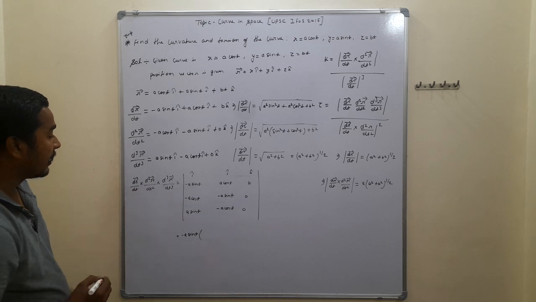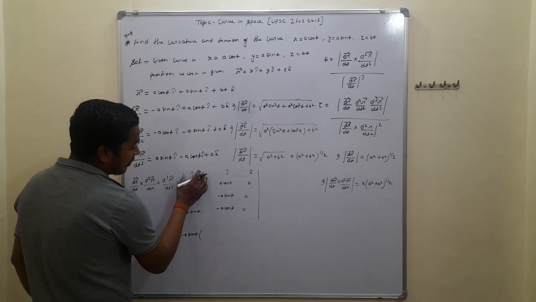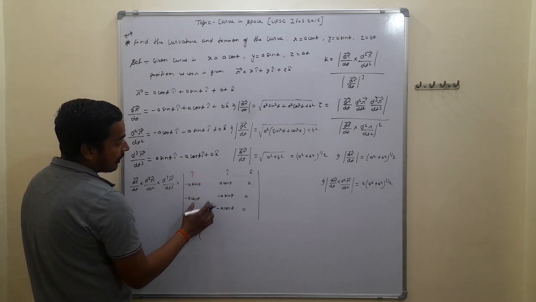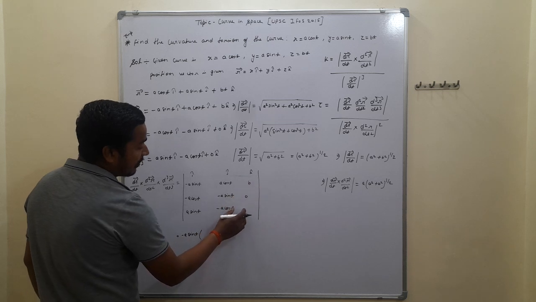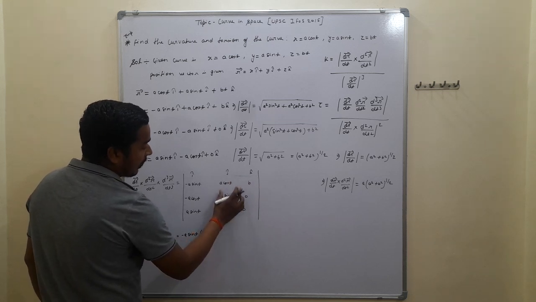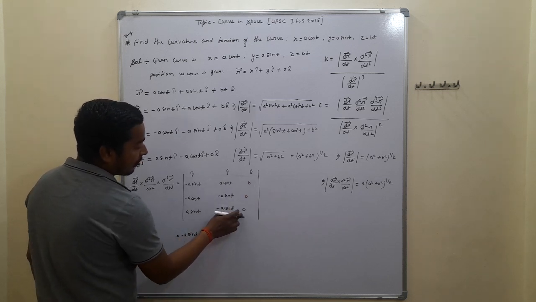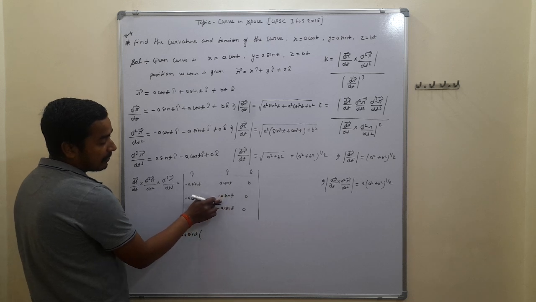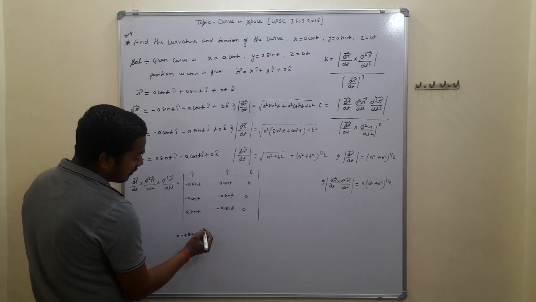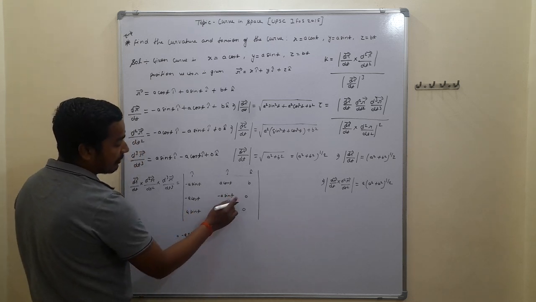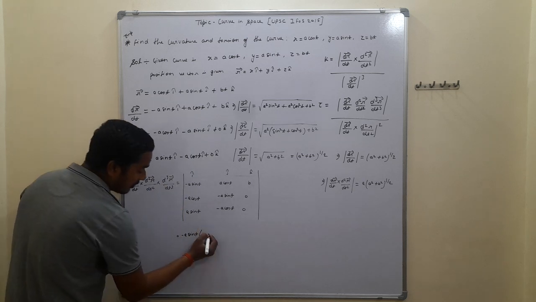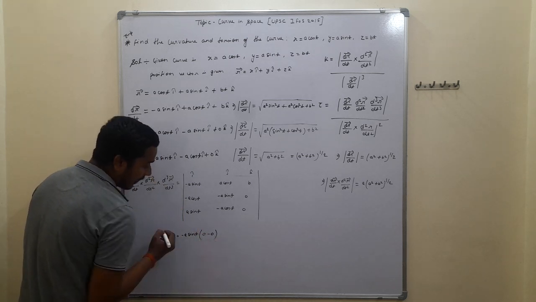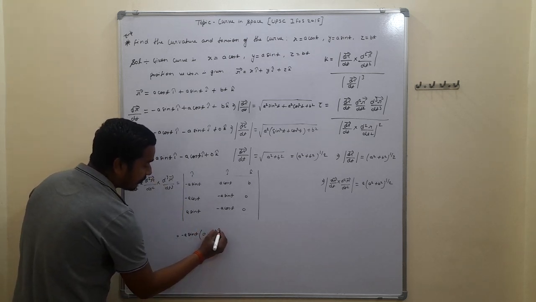We have to open it, this column is eliminated, and we take the operation between j and k. From here 0 multiplied with a sin t gives 0, and 0 multiplied with minus a cos t is also 0, and this is i cap.